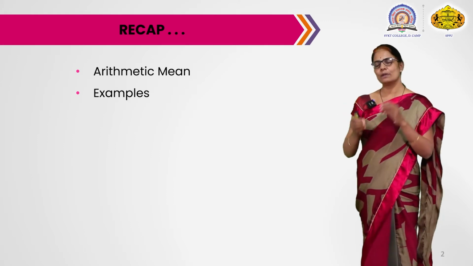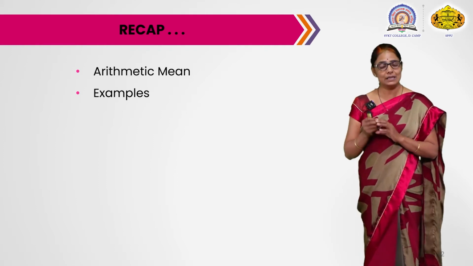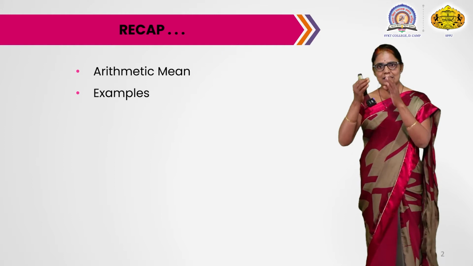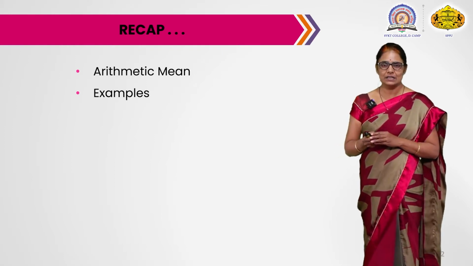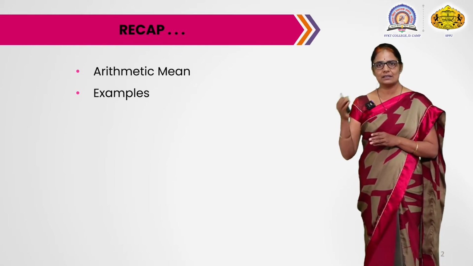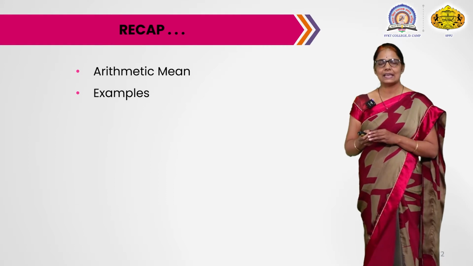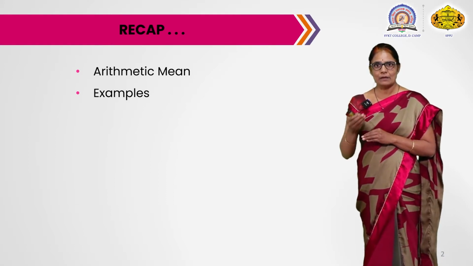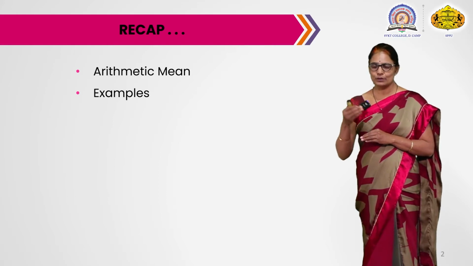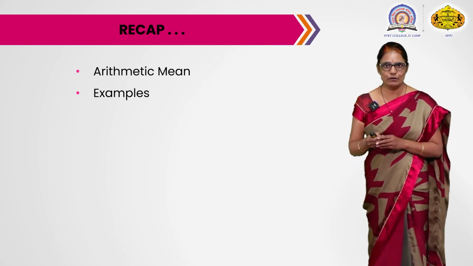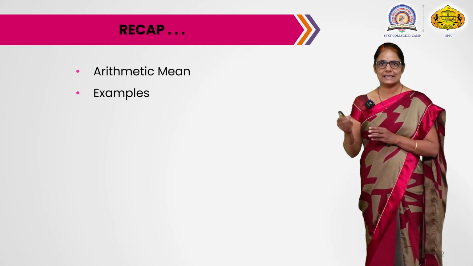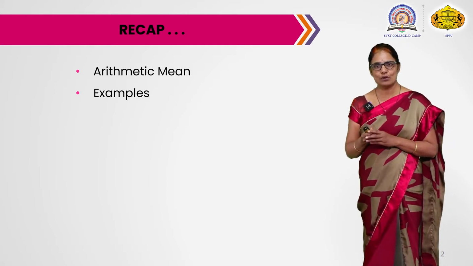By using this formula, first calculate the mid value of each class and then consider these mid values as x1, x2, xn, and take the corresponding frequencies. Calculate the product fi xi, i from 1 to n, and then use the same formula. Arithmetic mean is the summation of fi xi upon the summation of fi.